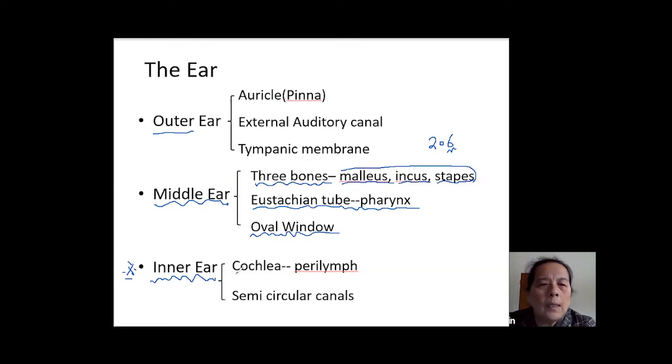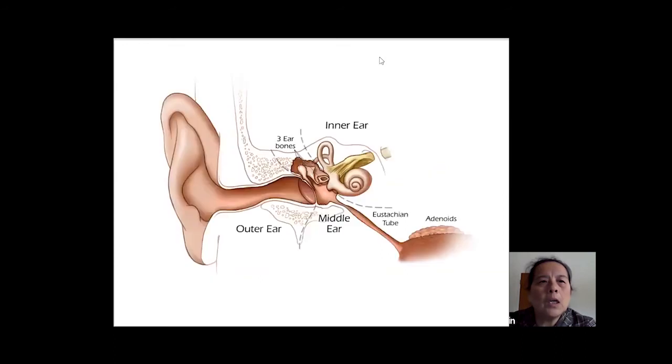So the inner ear is separated into two parts. One is the cochlea, one is the semicircular canals. So we go to the picture here. This part is our inner ear. In the middle ear, you can see three small bones here.